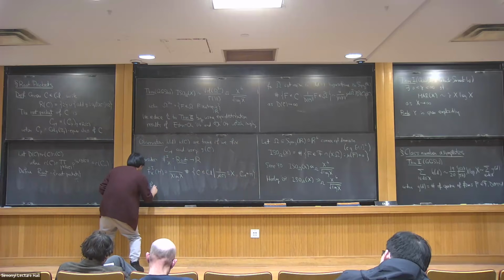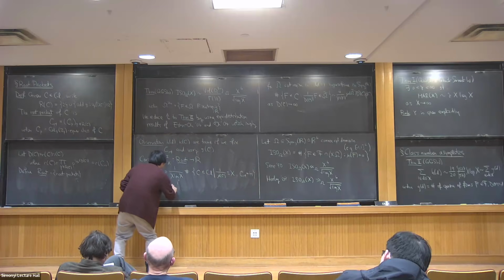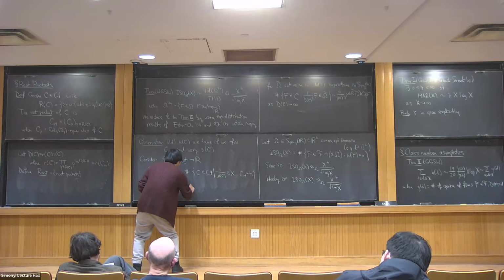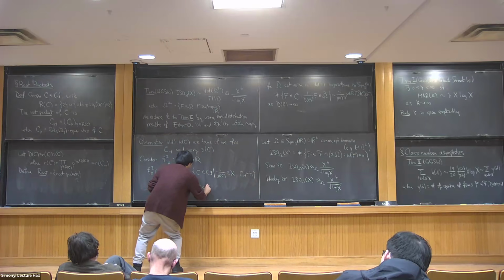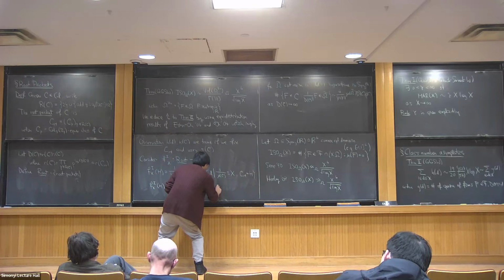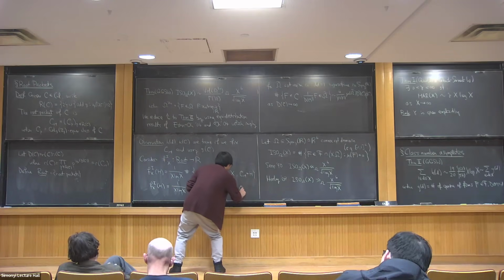So f_2, just one more time, similarly, is going to be over x log x. Classes such that the determinant is in this sense with condition.